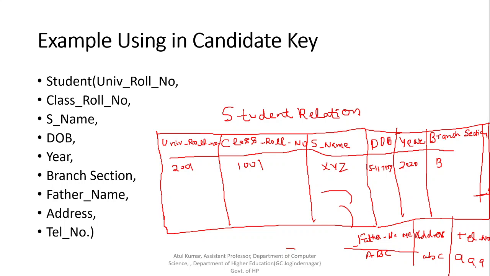So this is the first entry in this student relation, and university roll number, class roll number and so on are called attributes of this student relation.